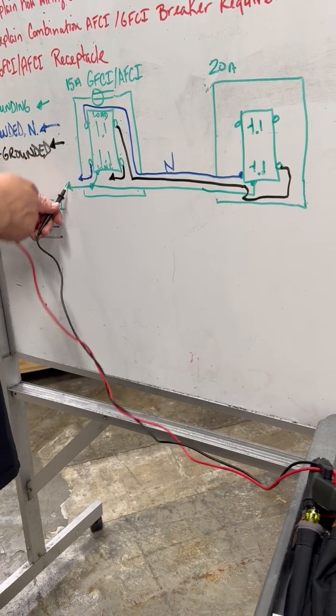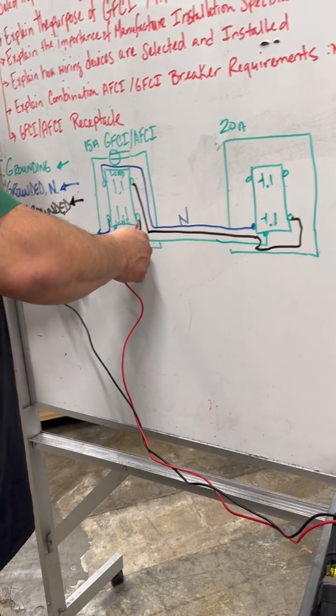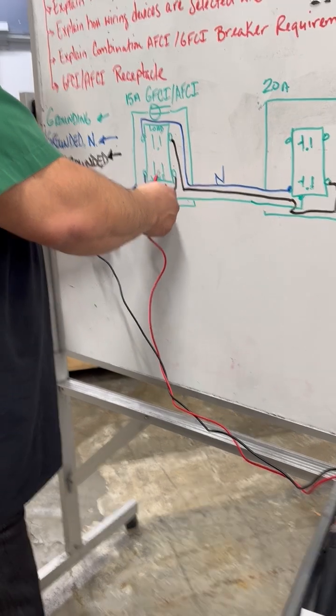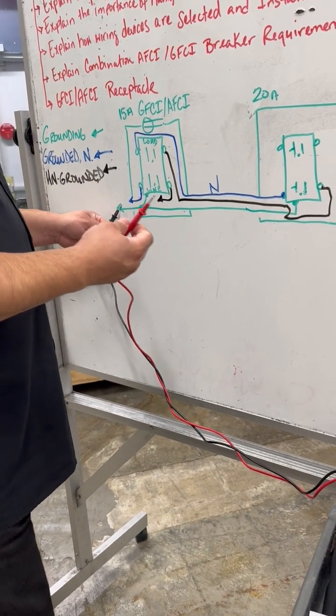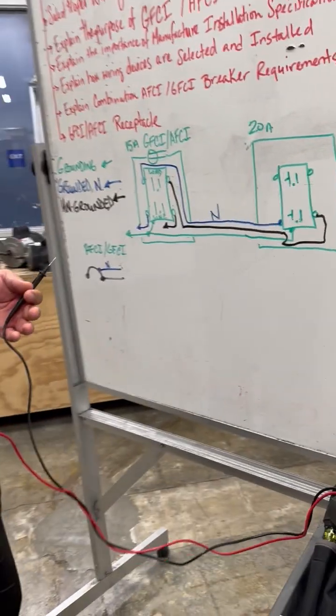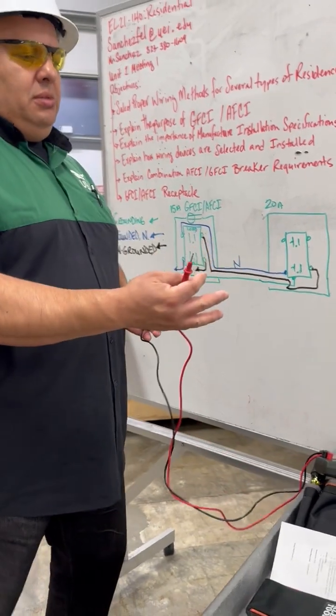The next thing I want to do is keep my probe on that grounding and touch the ungrounded conductor. No tone, that's what I expect. Touch my neutral. No tone, that's what I expect. And so forth, making sure that there are no inadvertent short circuits or ground faults downstream.